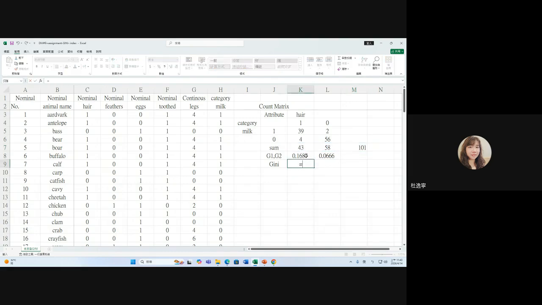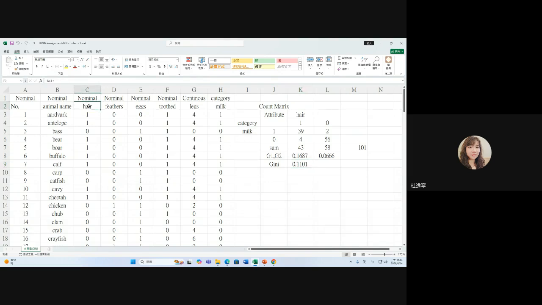The weight is Gini 1 times 43 divided by total, plus Gini 2 times 55 divided by 101. And this is the answer, Gini. Okay? Understand? Okay, and check whether the answer is correct or not.